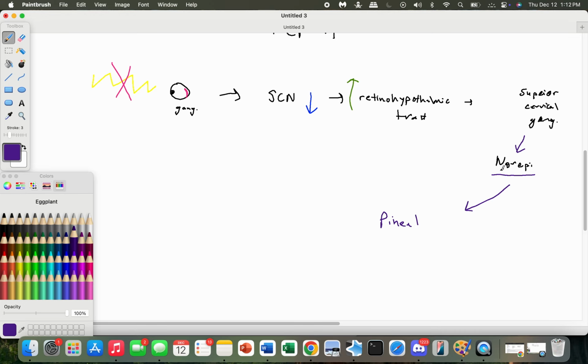And the release of norepinephrine onto the pineal gland will allow the conversion of serotonin to melatonin.